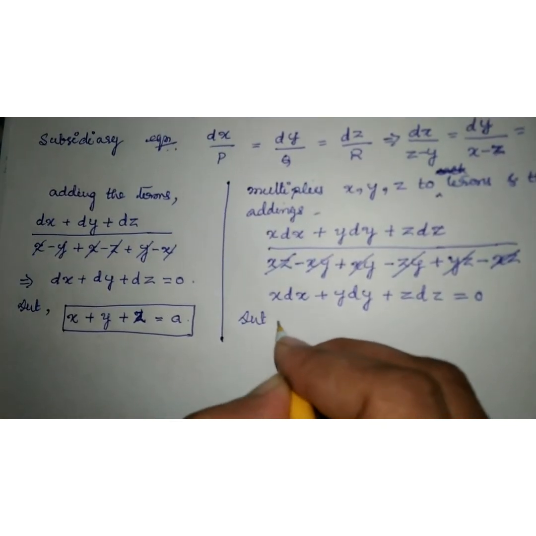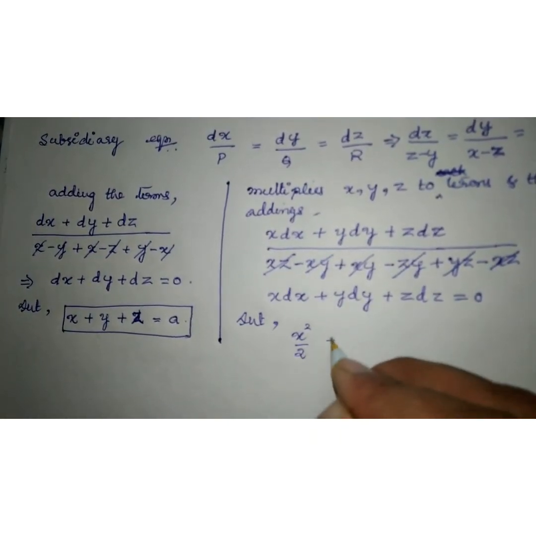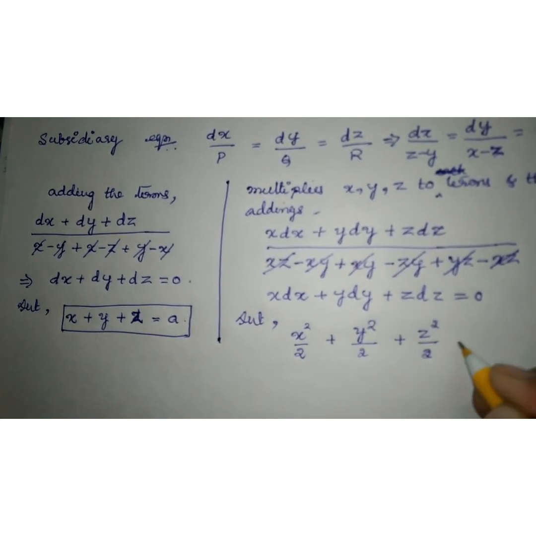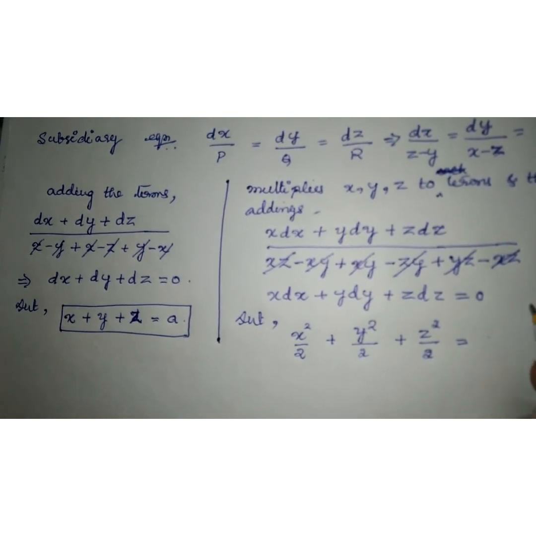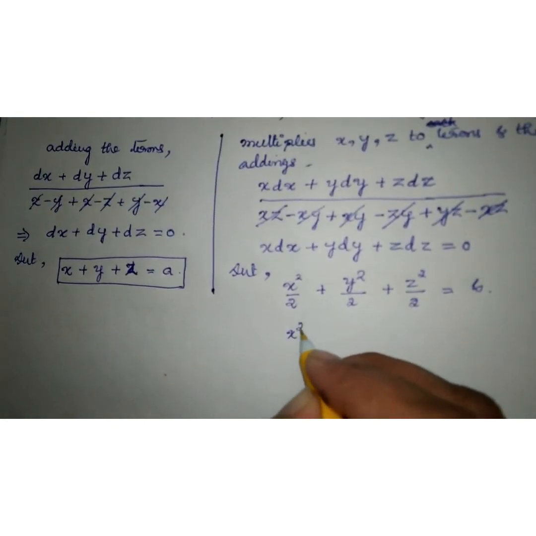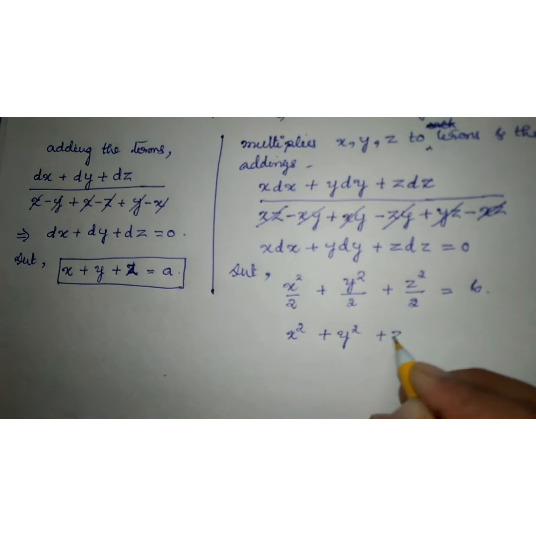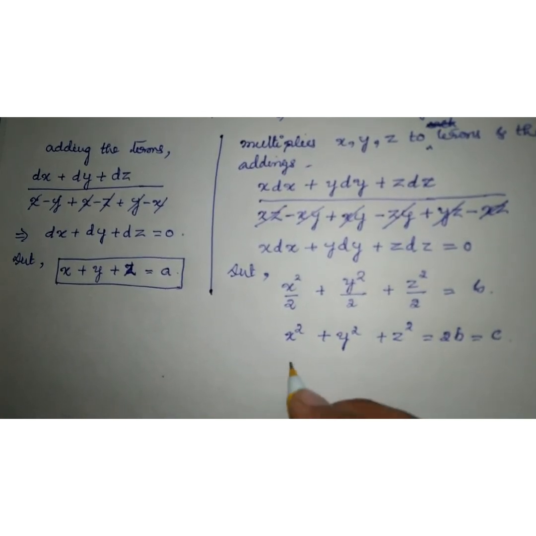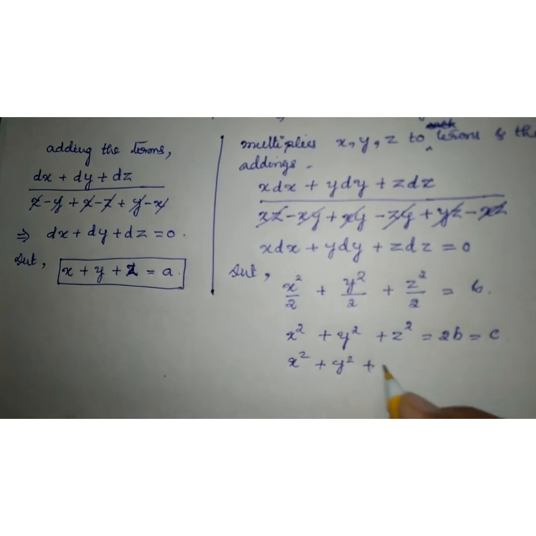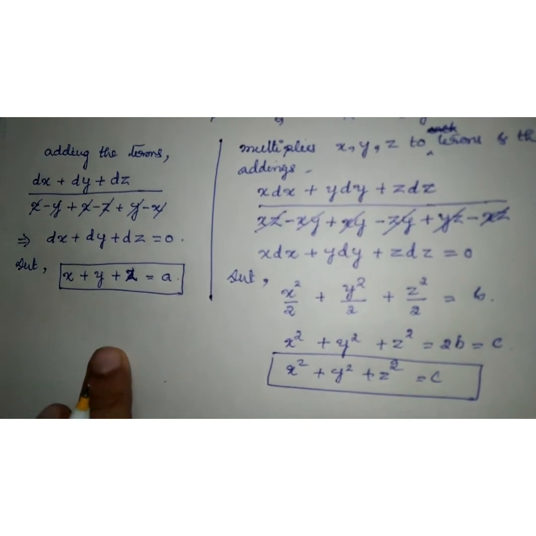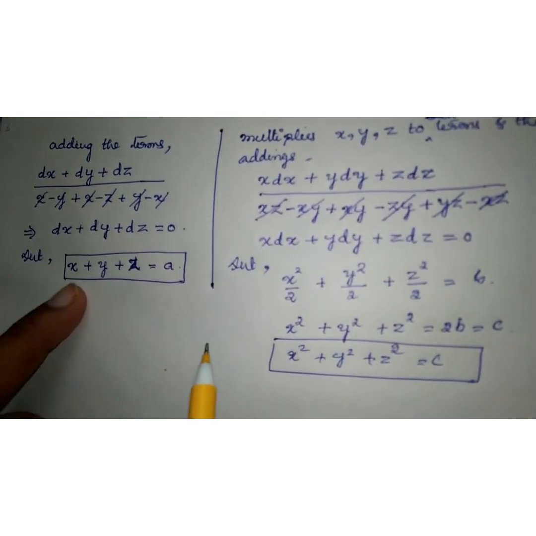Integrating this, you get x square by 2 plus y square by 2 plus z square by 2 equal to b, taking the integration constant as b. Further, the same can be written as x square plus y square plus z square equal to 2b, which is again a constant. Let me take it as c. So here you got two independent solutions of the equation, which can be considered as u and v.